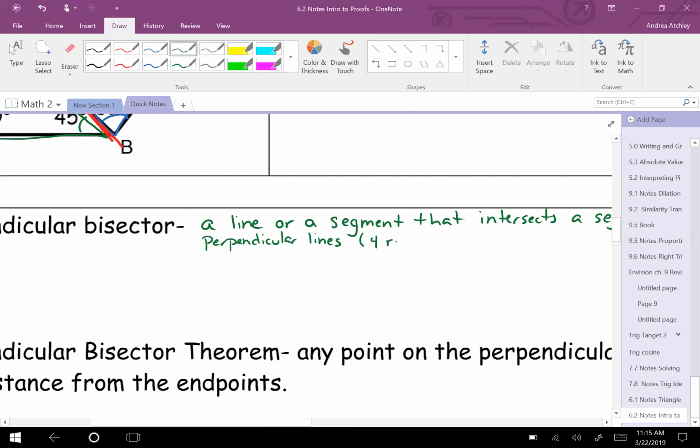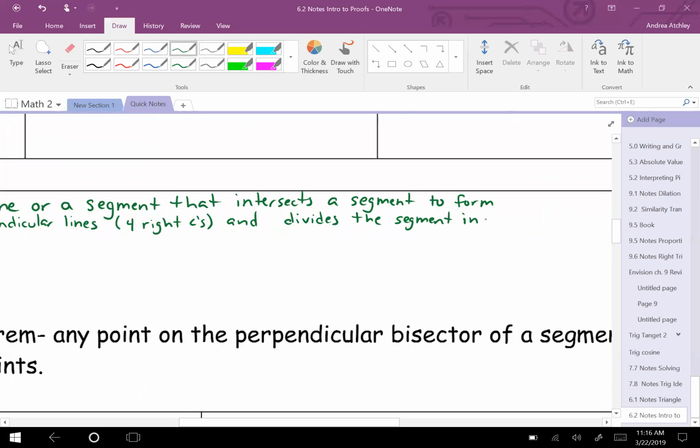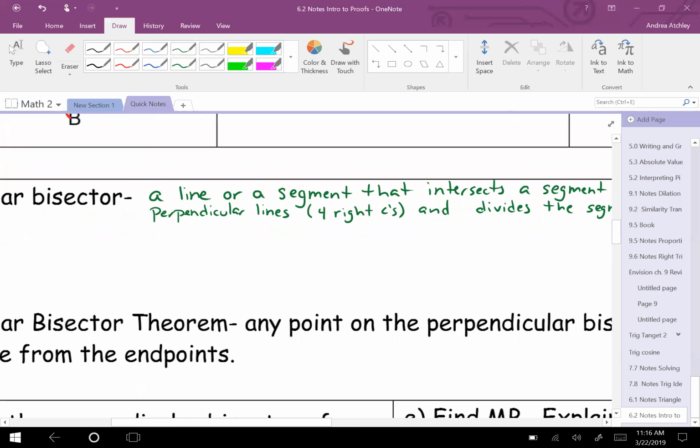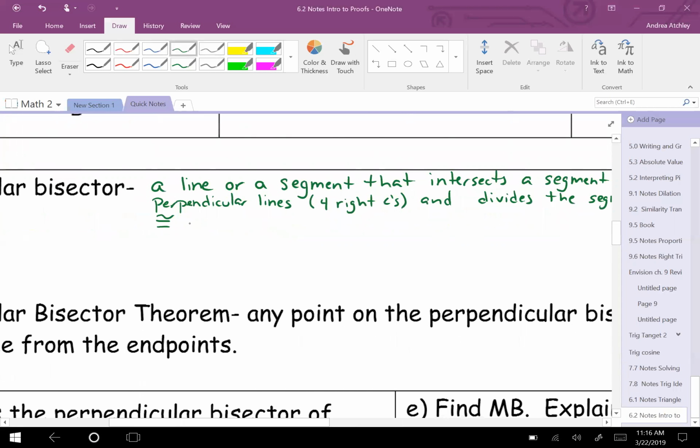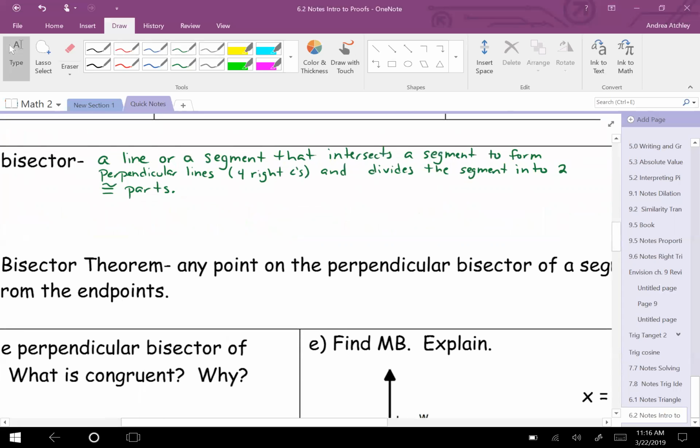And remember, that means 4 right angles. And divides the segment into 2 congruent parts. Okay, so a line or a segment that intersects a segment to form perpendicular lines, which means it's 4 right angles, and divides the segment into 2 congruent parts.